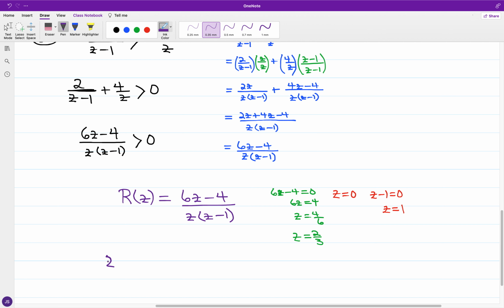And for the zeros, we got our consolidated rational function. For the zeros of r of z, you got 2/3, and that will set the function equal to 0, since 0 is going to apply to the top part. So 2/3 is going to be in the domain.